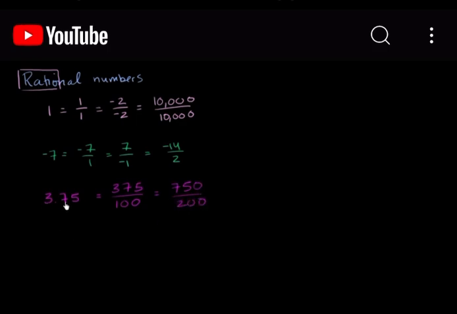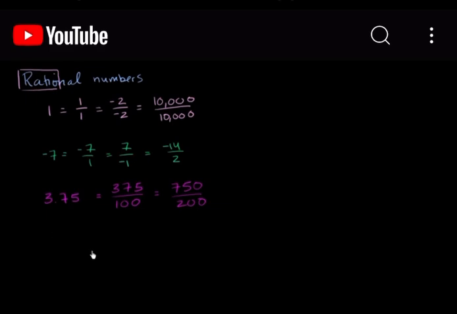Or you could say, hey, 3.75 is the same thing as 3 3/4, which is the same thing as 15 over 4. 4 times 3 is 12, plus 3 is 15.